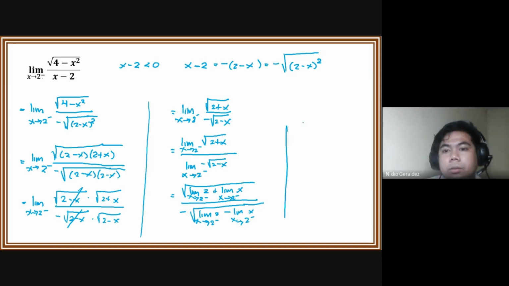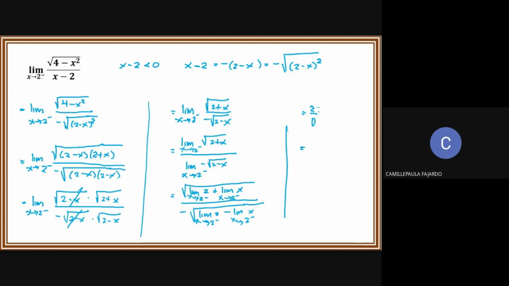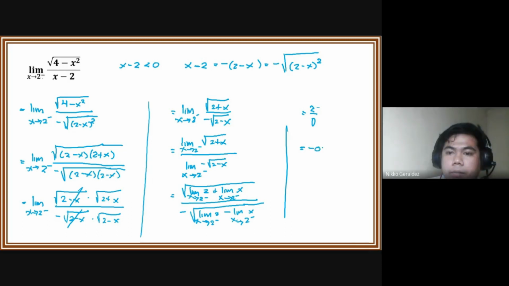So equal to, that is 2 over 0. Ayun. So 2 is positive. Then x approaches 2 from the left. Now, what is the limit of the function? Negative infinity. So that is negative infinity. So yun.